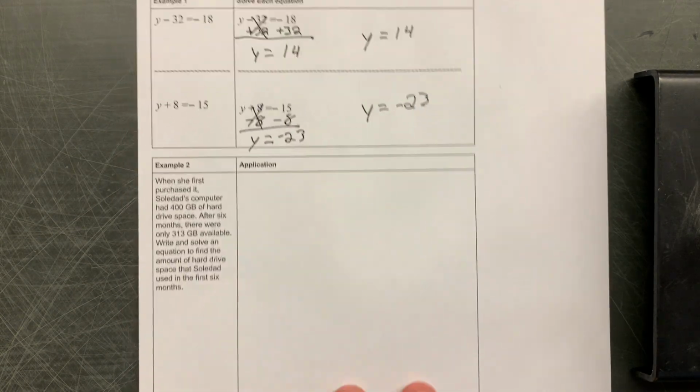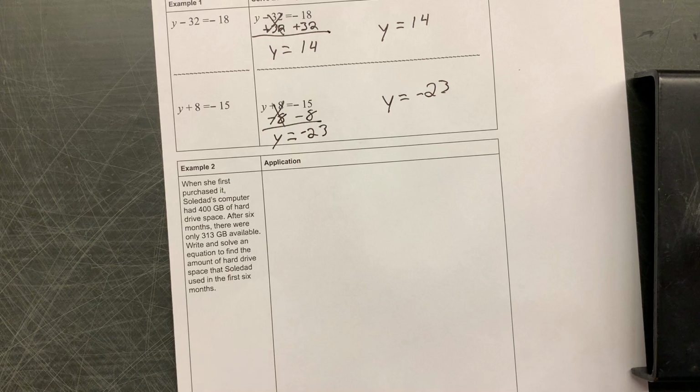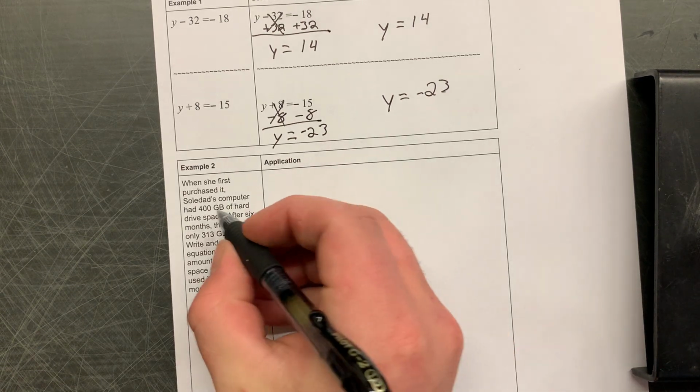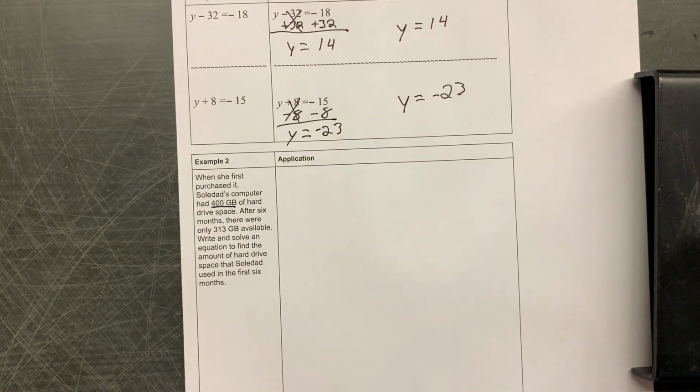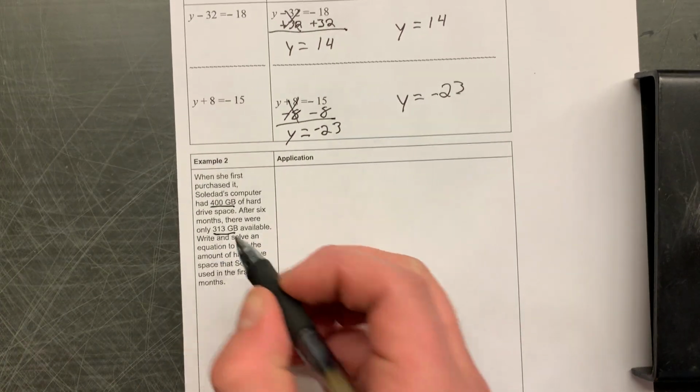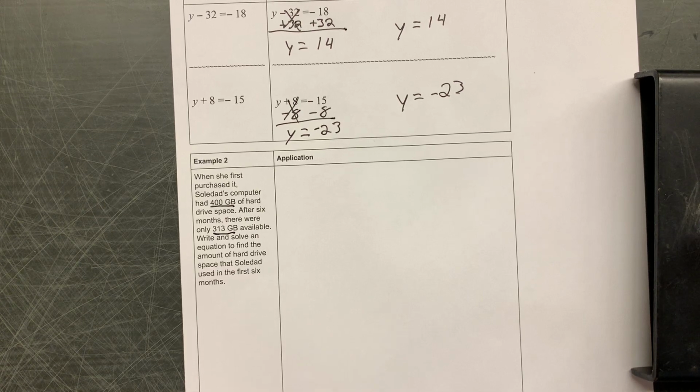If we go down to our application-based problems, okay? When she first purchased it, Soledad's computer had 400 gigabytes of hard drive space. After 6 months, there were only 313 gigabytes available. We need to write and solve an equation to find the amount of hard drive space that Soledad used in the first 6 months. So we're going to write it as this.